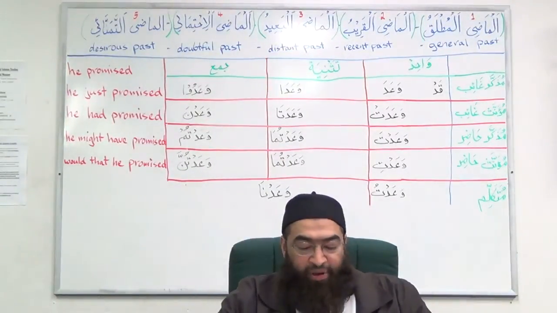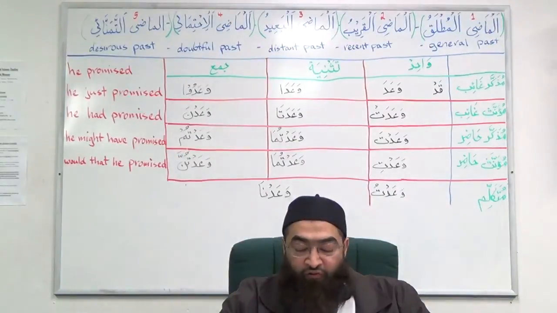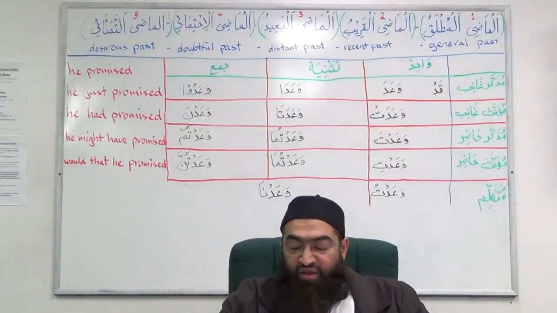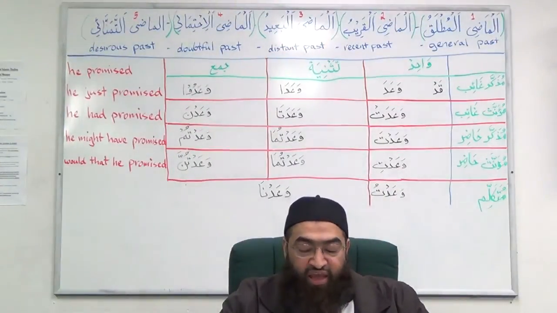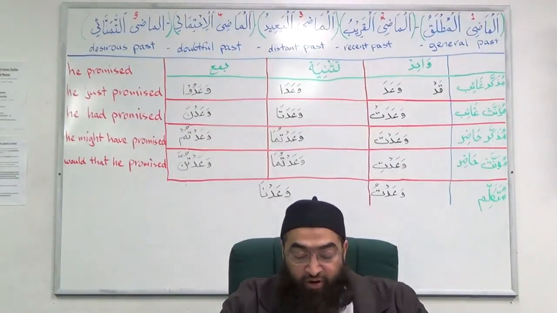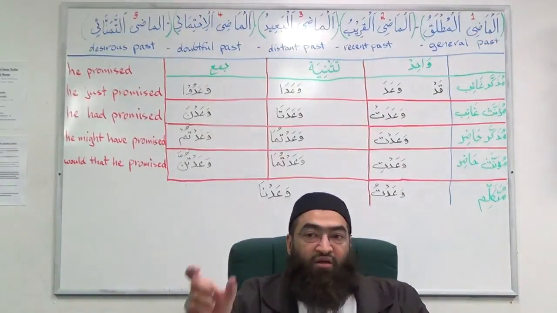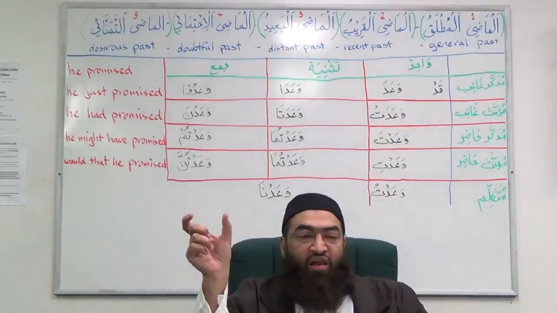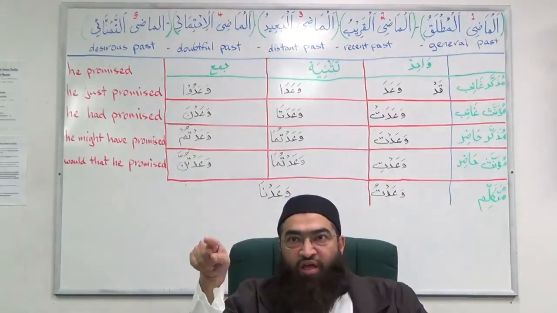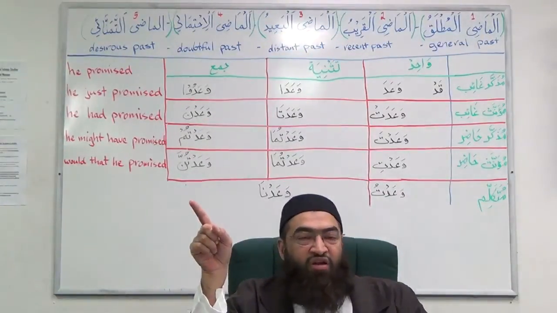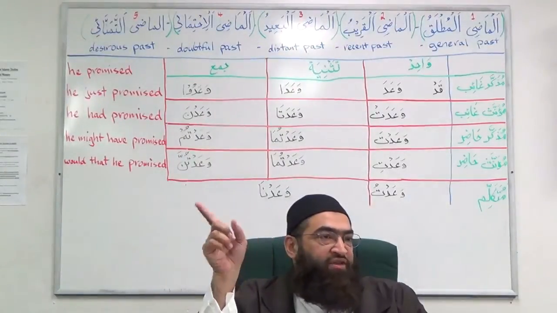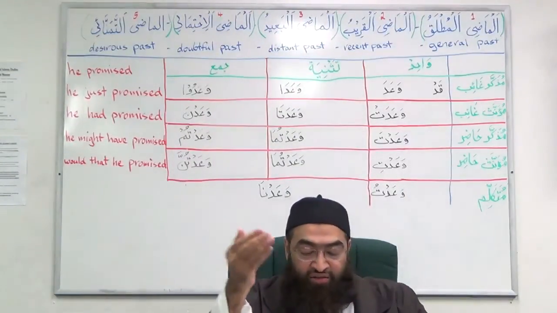Alright, number 3, placing the word ma before both the active and the passive voices will negate the past tense verb. So I said, you have the fi'l fa'ala, you put a mim and an alif before it, ma fa'ala, it becomes that man did not do. So it negates.